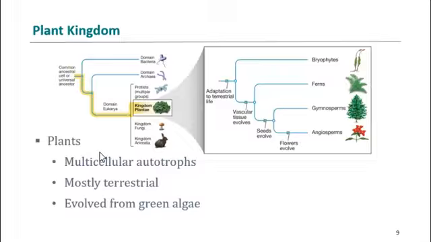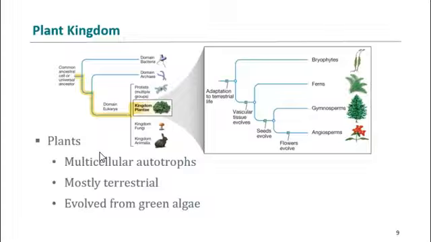When we're discussing plants, they are multicellular. So they are organisms that consist of many cells. So we're separating them from any photosynthetic single-celled protists that might be out there. And they are autotrophs. Autotrophs refers to the fact that they are self-feeders.